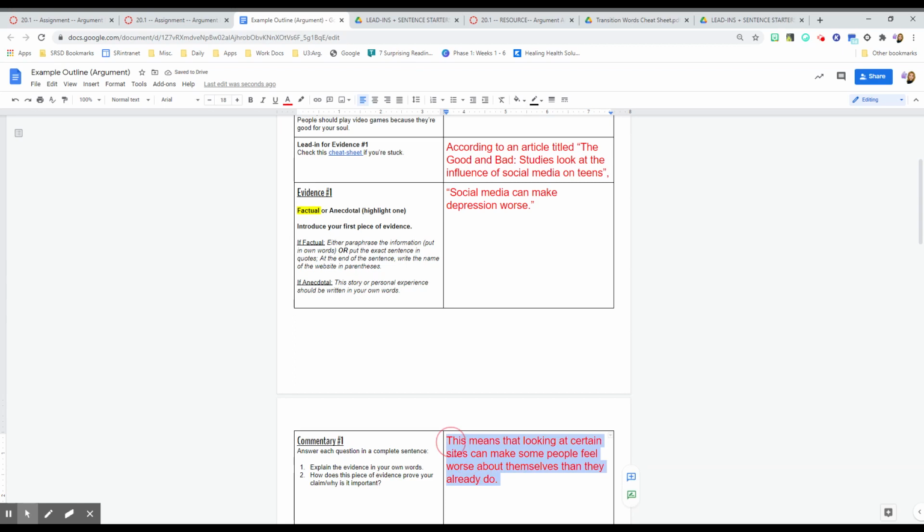This is me explaining what this evidence is saying. Now I'm going to tell you why this is important and how it proves my claim. Okay? This evidence suggests that my claim, or excuse me, this evidence supports that.